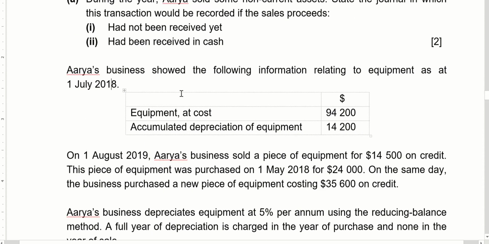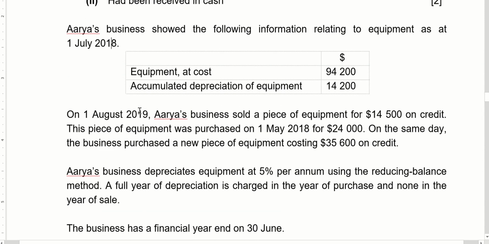Okay, so you are told that the business sold a piece of equipment on credit. This equipment was bought on 1st of May for 24,000. So you sold a piece of equipment on credit, right? And on the same day, you purchase the new piece of equipment, right?